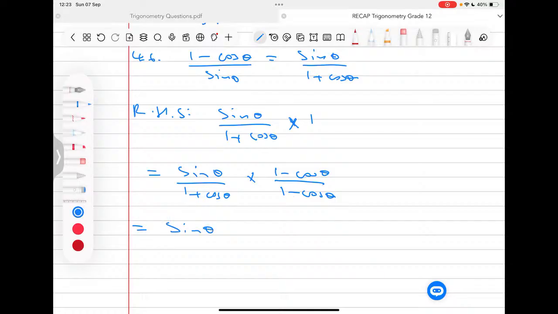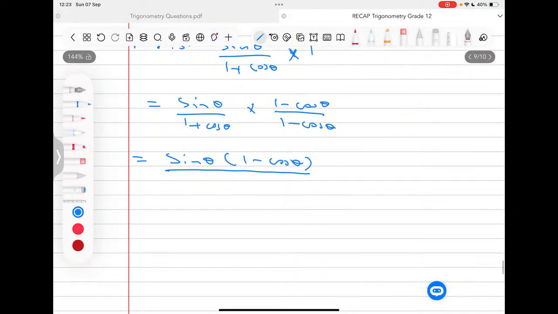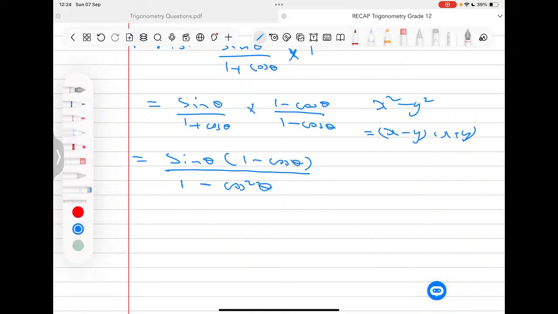So here I think I can just say sine theta 1 minus cos theta, right? And this one is a difference of 2 squares, so this would mean I'm going to have 1 minus cos squared theta. A difference of 2 squares, you would have x squared minus y squared. It simply gives you x minus y, x plus y. So if you check here, I'm starting off with this positive, this negative. So it will just go back to a square of 1 is 1, a square of that is that. So I'm just taking it back in that sense.